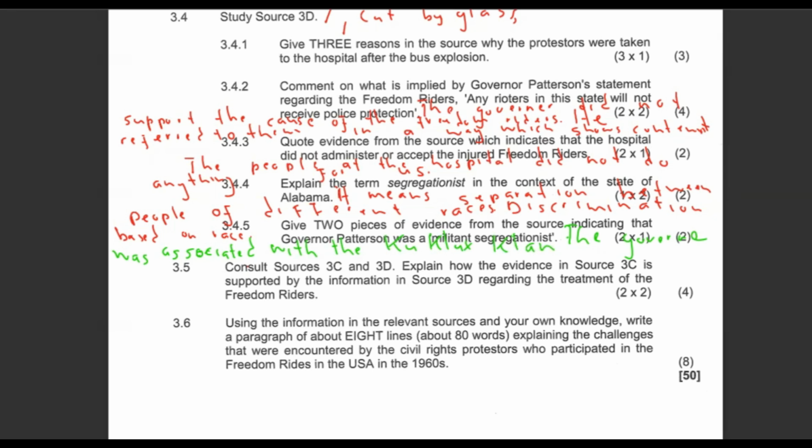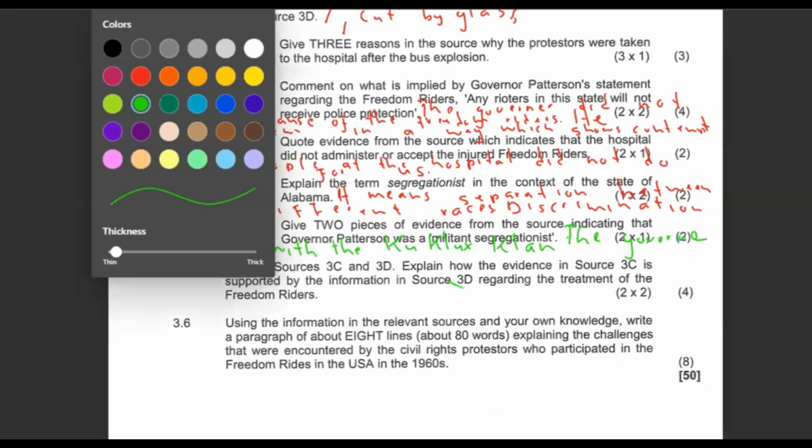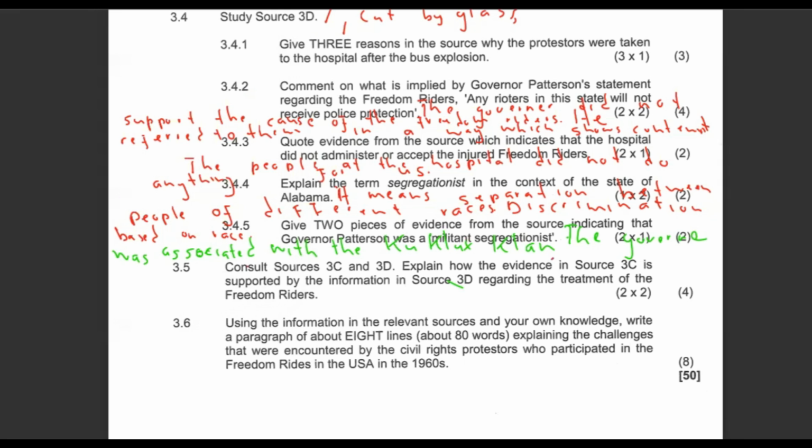That is the first thing which shows that he was a militant segregationist. In addition to that, we can also indicate the fact that he actually promised to use violence.